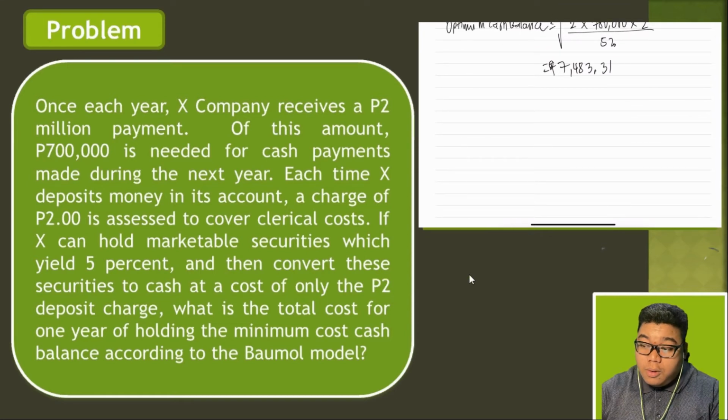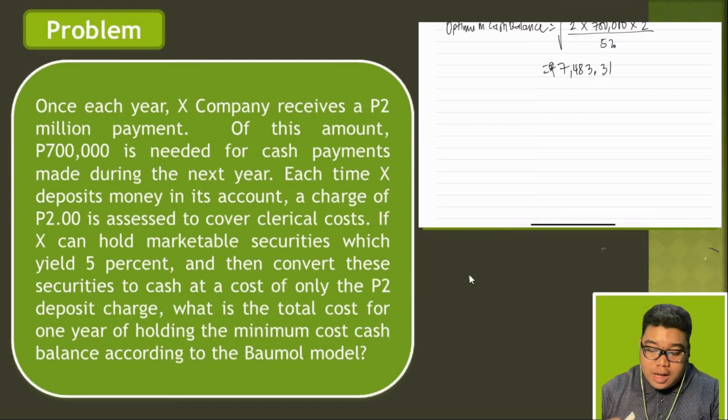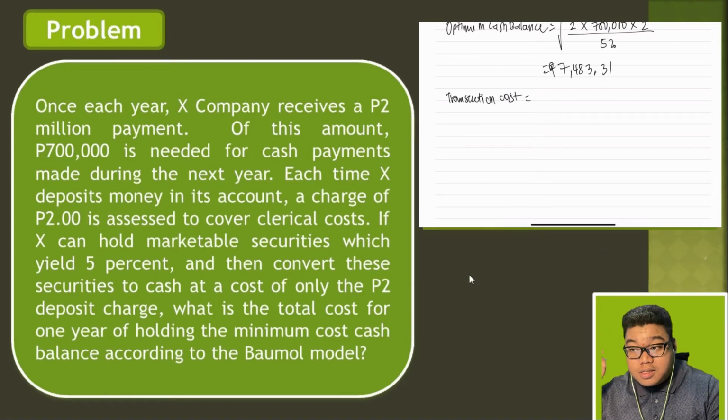So we now compute for the transaction costs. What is the formula for transaction cost? That is how many transactions, how many times do we need to obtain cash in the year? So that is 700,000 divided by the optimum cash balance.